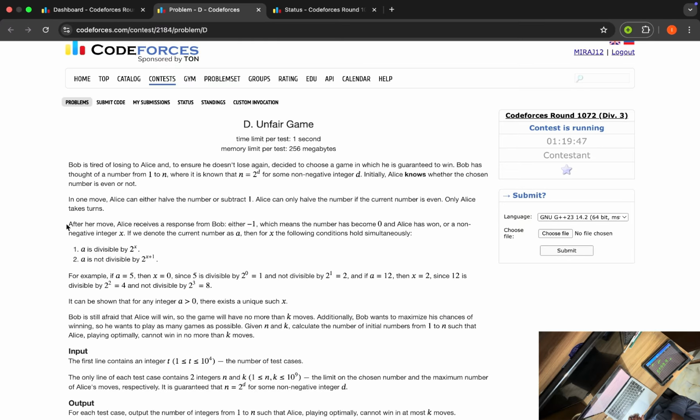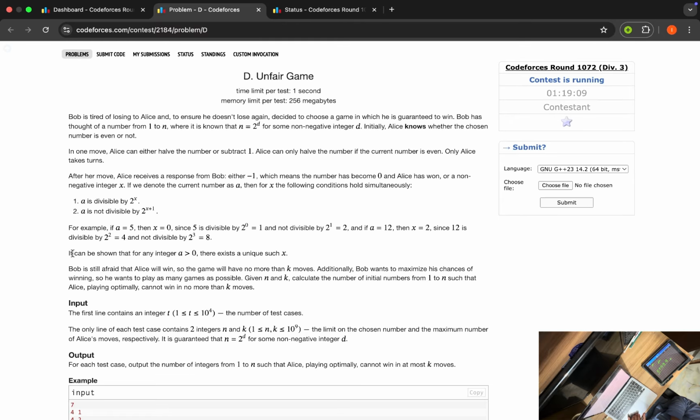After her move, Alice receives a response from Bob, either -1, which means the number has become 0 and Alice has won, or a non-negative integer x, if we denote the current number as a, then for x the following condition holds simultaneously: a is divisible by 2 to the power x and not divisible by... yeah. For example, I don't have to read it again.